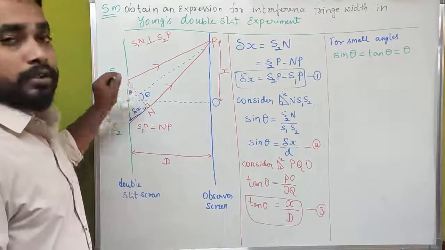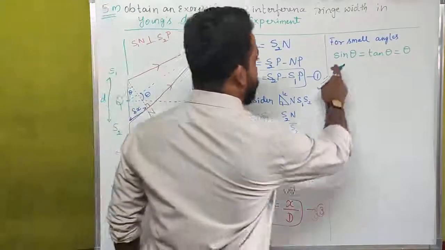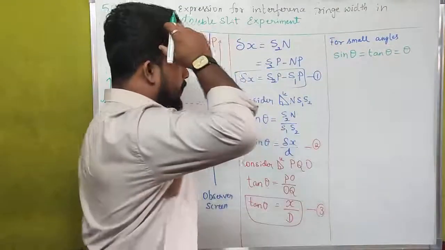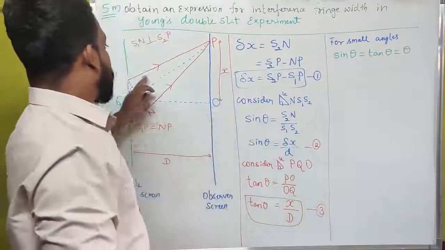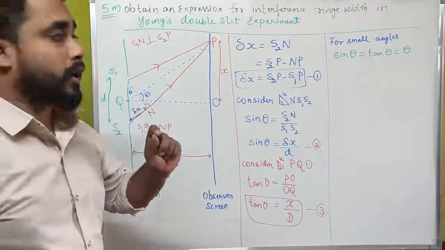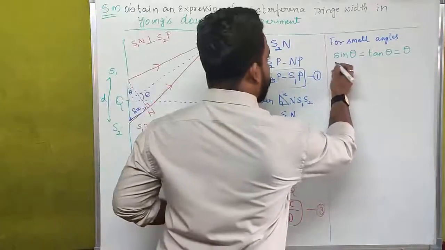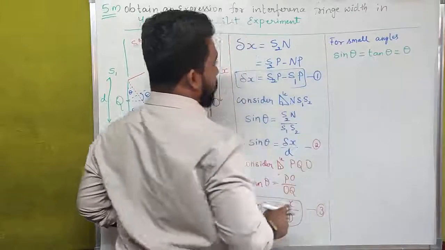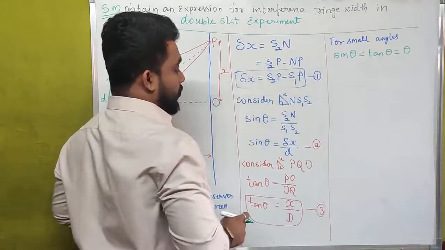So these are all small angles. That is why we consider the angles formed in this diagram as small angles. For small angles, sin theta and tan theta will be equal to theta.